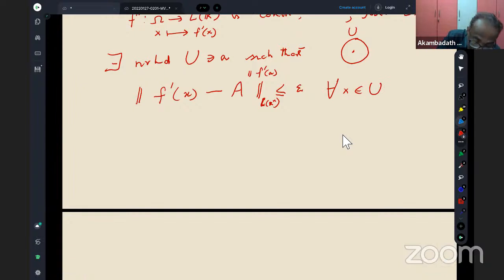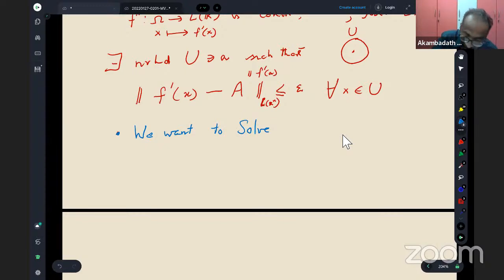So what is our aim? Keep our aim in mind. Let me recall again. We want to solve f(x) equal to y for y near b. That's what you have to keep in mind.